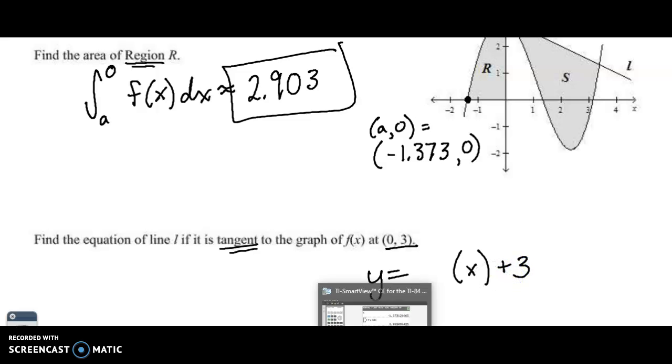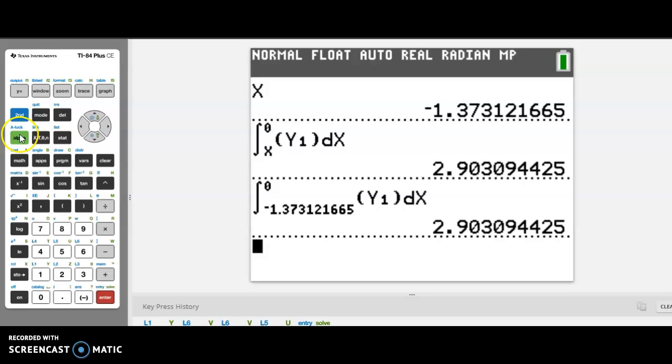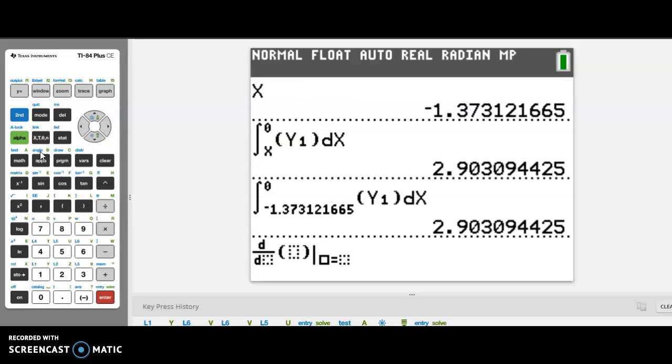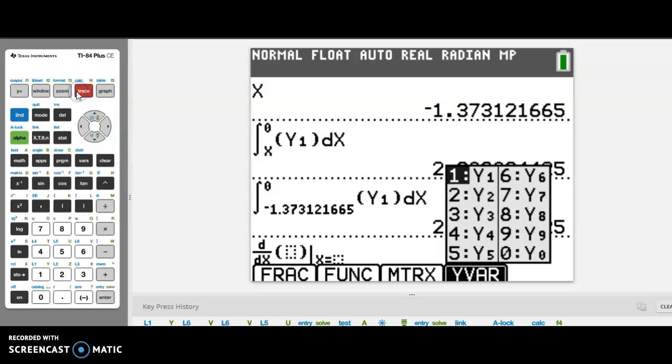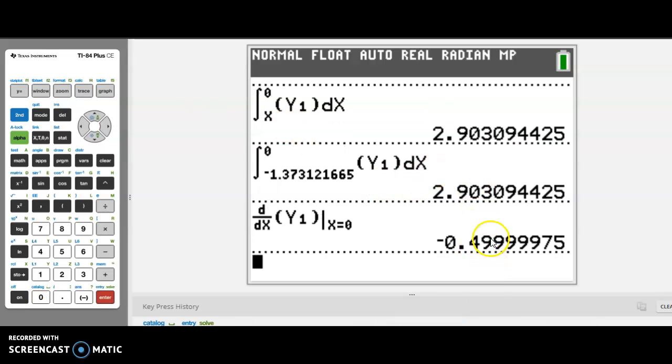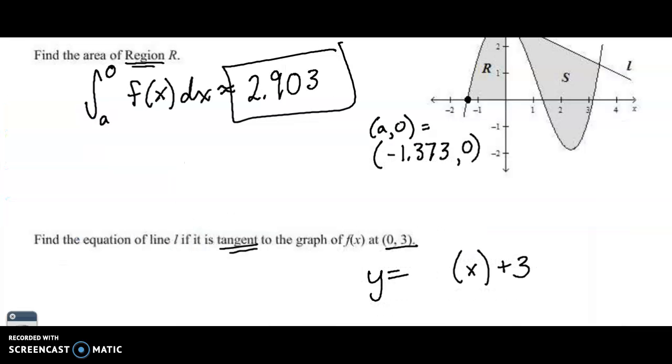That's why it's helpful that we already have it in y1, because now I can hit math, 8 is the derivative, d dx of y1 when x equals 0. And I get a slope of negative 0.500, since we're rounding to 3 decimals. If you don't put the 0 there, they do truncate it, so you'd be fine.